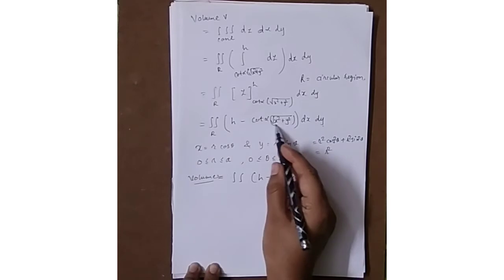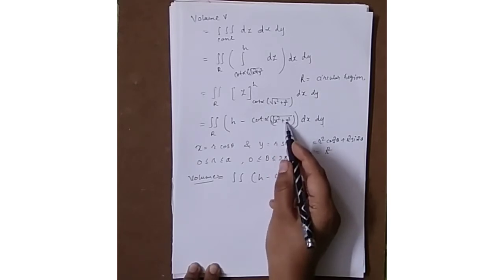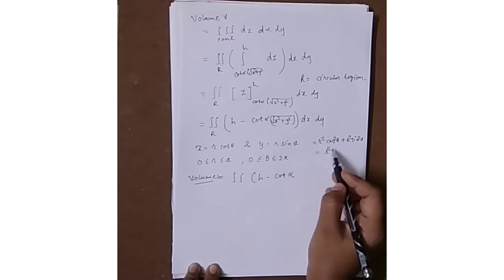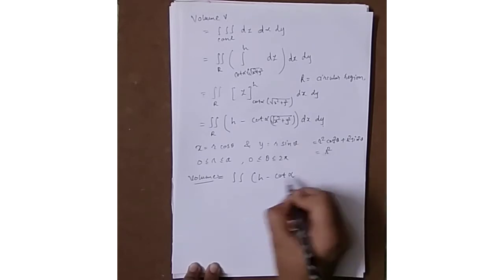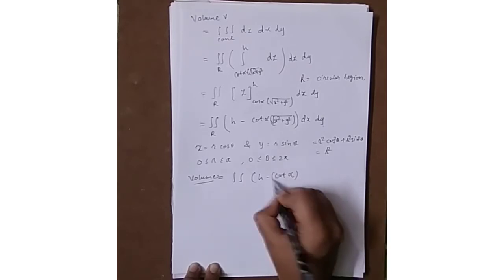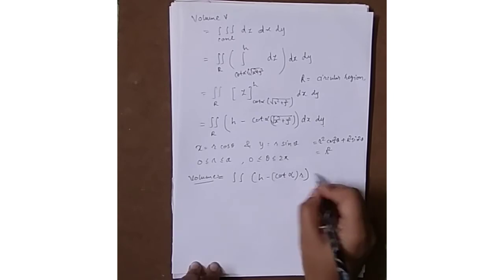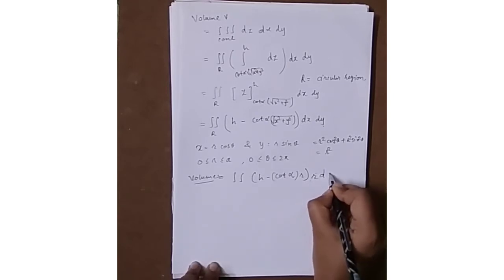So here the square root of x square plus y square, make it square root, so it becomes only r. So into r, and the Jacobian is r, and dr d theta.